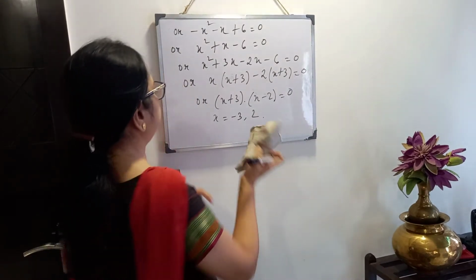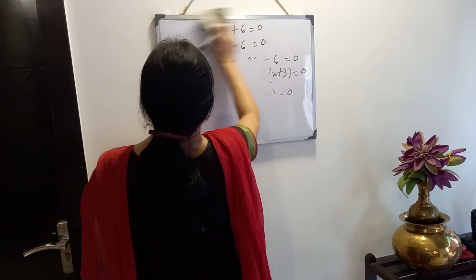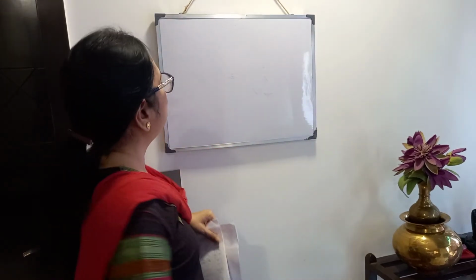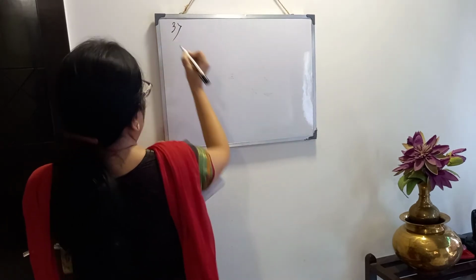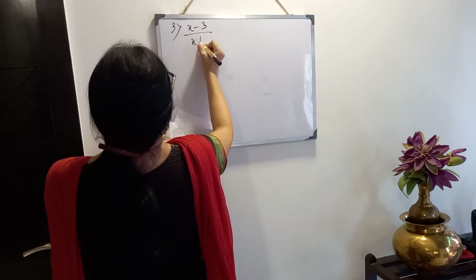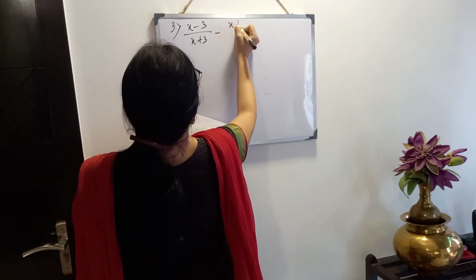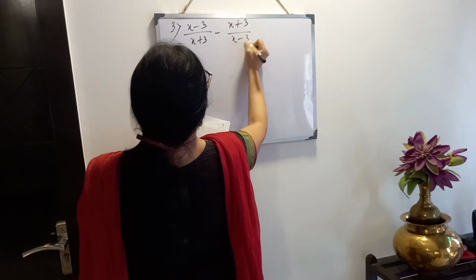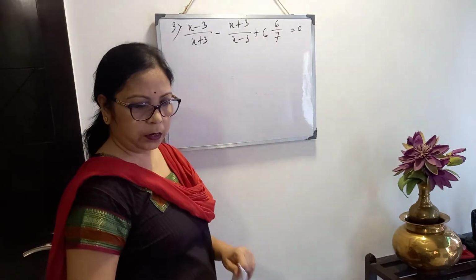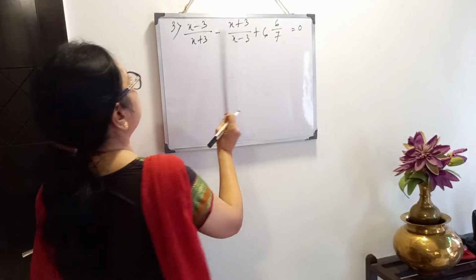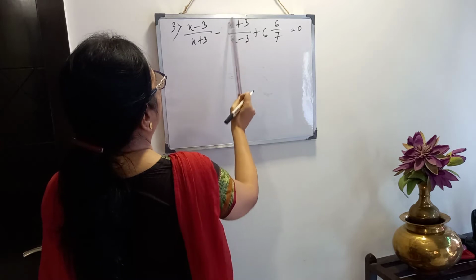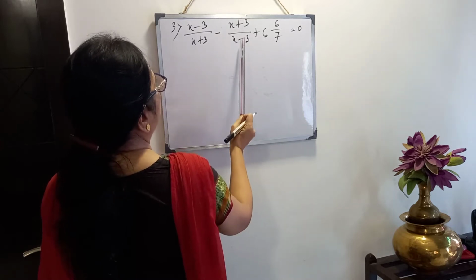Now next one. Now see, different types I am showing. The sum is in this form, x minus 3 by x plus 3, and that is just inverted fraction of this, x plus 3 by x minus 3.